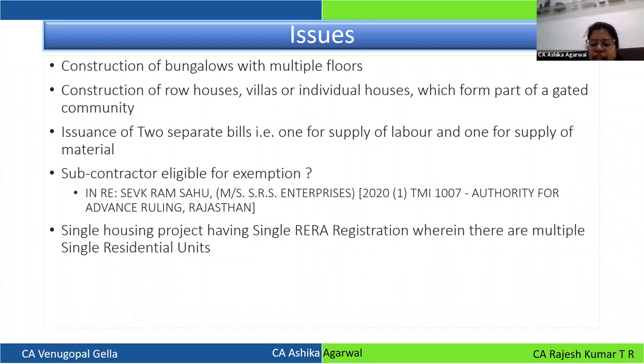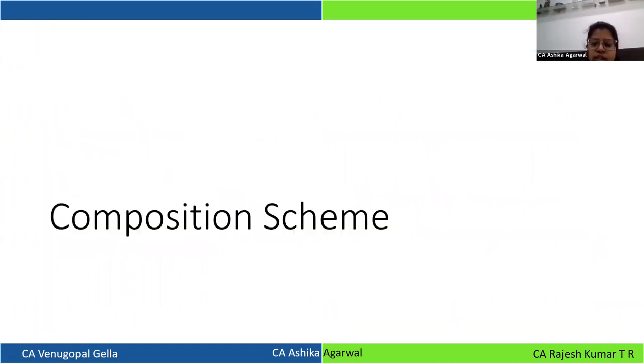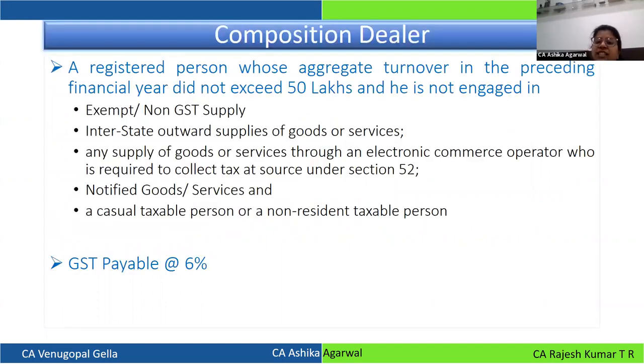Now what we can do as tax planning is the composition scheme. Under the composition scheme, for a service provider, a reduced rate of 6% is provided, that is, you pay GST at the rate of 6% and not at 18% with ITC. Thereby, it will ultimately reduce the cost to your end consumer.